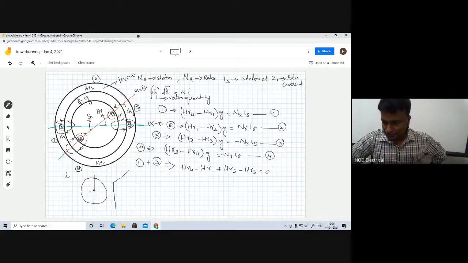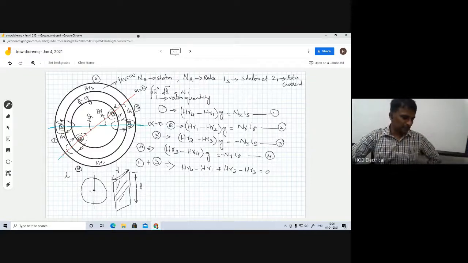It will be like this. This is the case. So this is the length of the core, and this is the radius of the core.